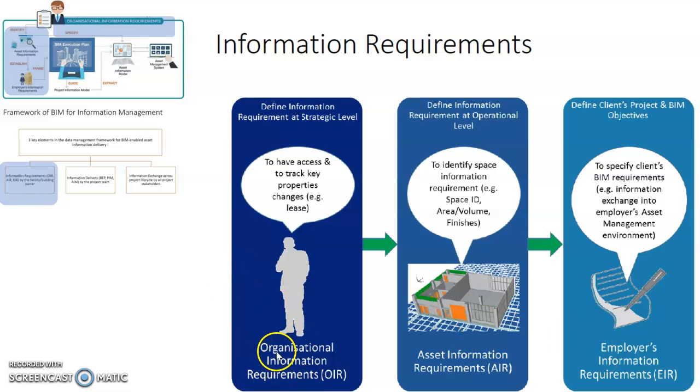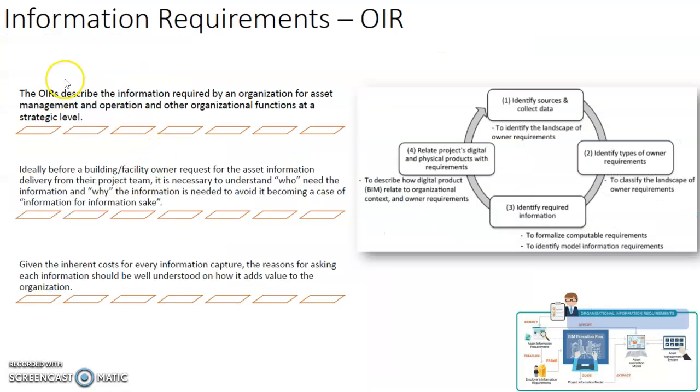Starting with the OIR. The OIR describes the information required by an organization for asset management and operation and other organizational functions at a high level or a strategic level.